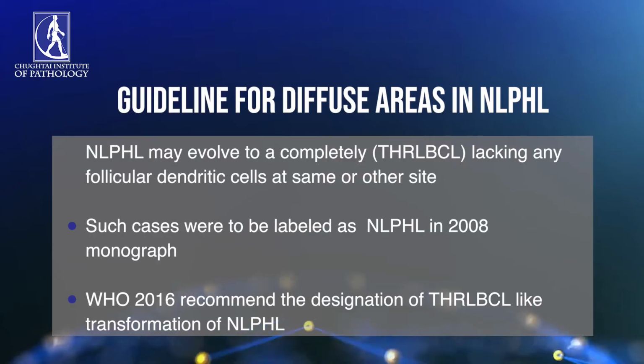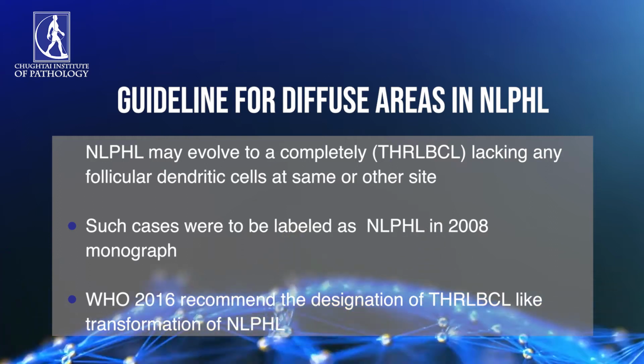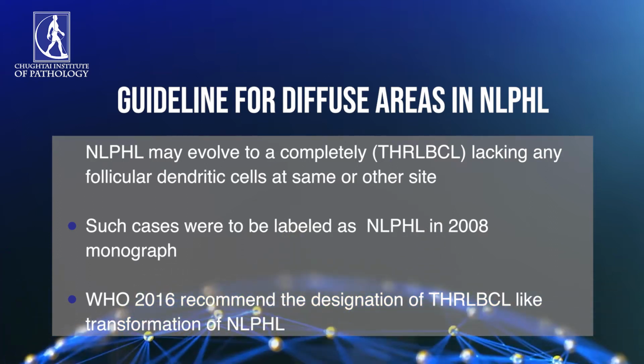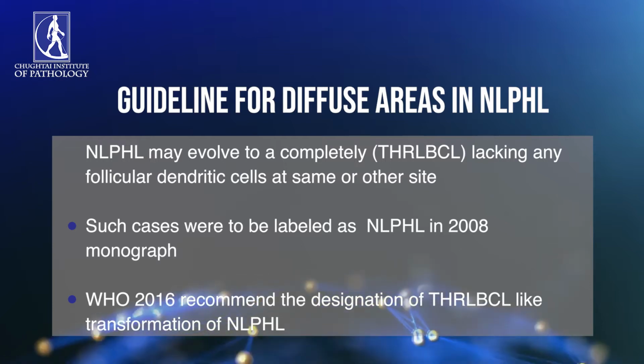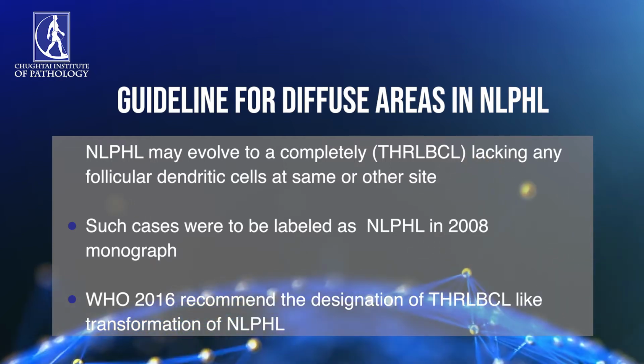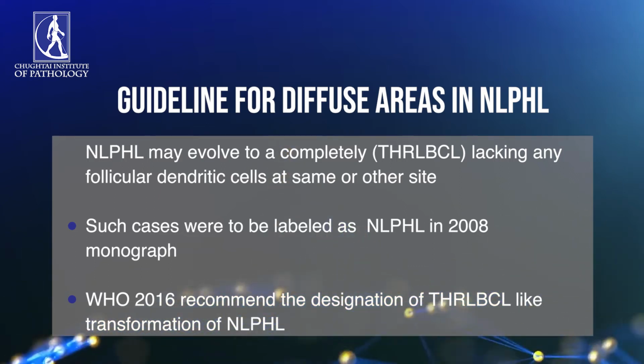Previously, we used to call them lymphocyte predominant Hodgkin lymphoma as per the 2008 WHO classification. But in 2016, WHO recommends calling these cases T cell/histiocyte rich large B cell lymphoma-like transformation of nodal lymphocyte predominant Hodgkin lymphoma.